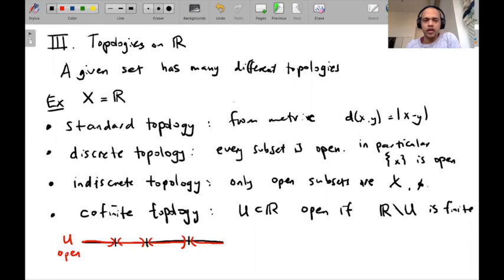In the standard topology, you have open sets which are intervals like this, but an open interval like this is not open in the cofinite topology, because the complement of this open interval is not finite. It's uncountable. Okay, I wanted to say a couple of things about this topology.